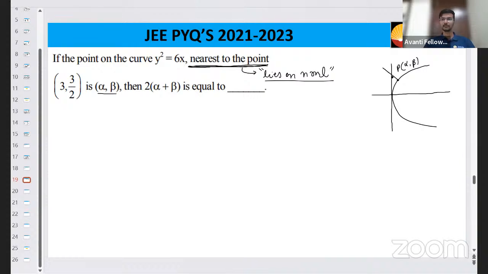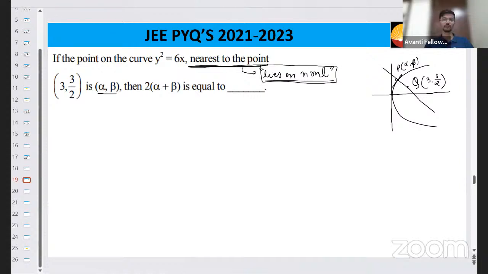That means if I draw a normal here, sorry, this is the tangent. If I draw a normal here, then this point, let us say Q, which is (3, 3/2), will lie on the normal. That is what it means. See this, nearest to the point means this point Q lies on the normal drawn at point P.